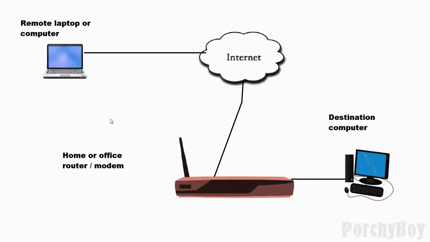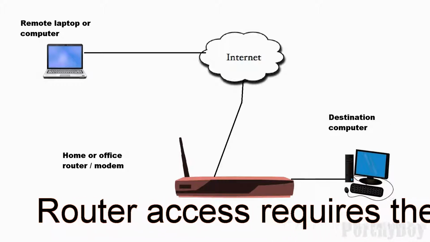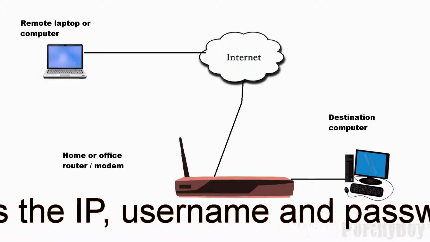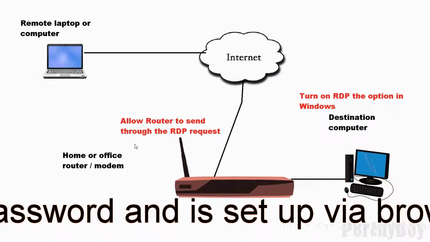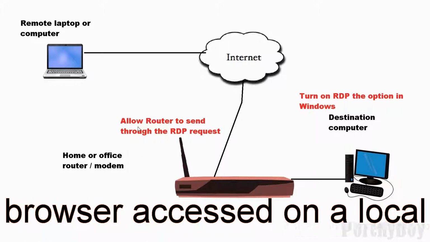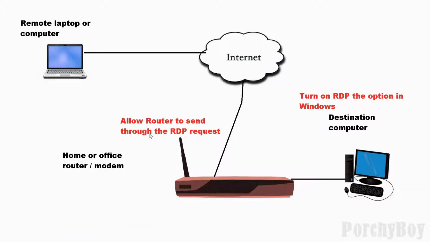That requires a couple of changes. One, the router has to be opened up to allow passage for that request to go through, and the destination computer has to be set up to accept that. So in effect, we have this. The little red sections here will show you that allow the router to send through the RDP request and turn on RDP option in Windows on the destination computer.